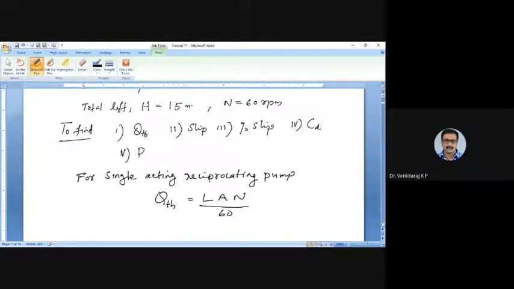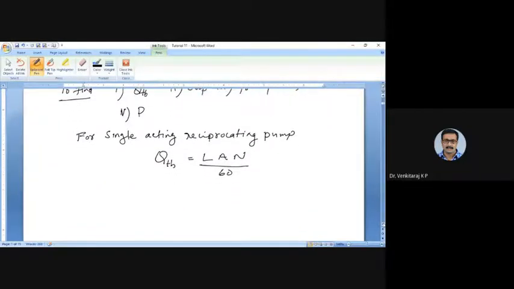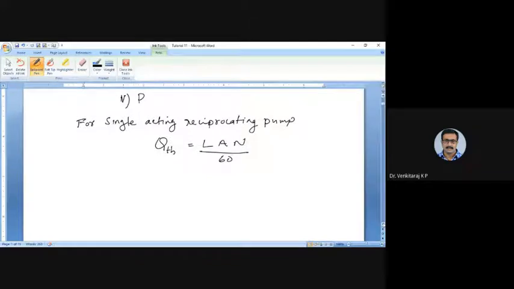That quantity can be determined with the given cylinder dimensions and the speed of rotation. So let us substitute and find the theoretical discharge.